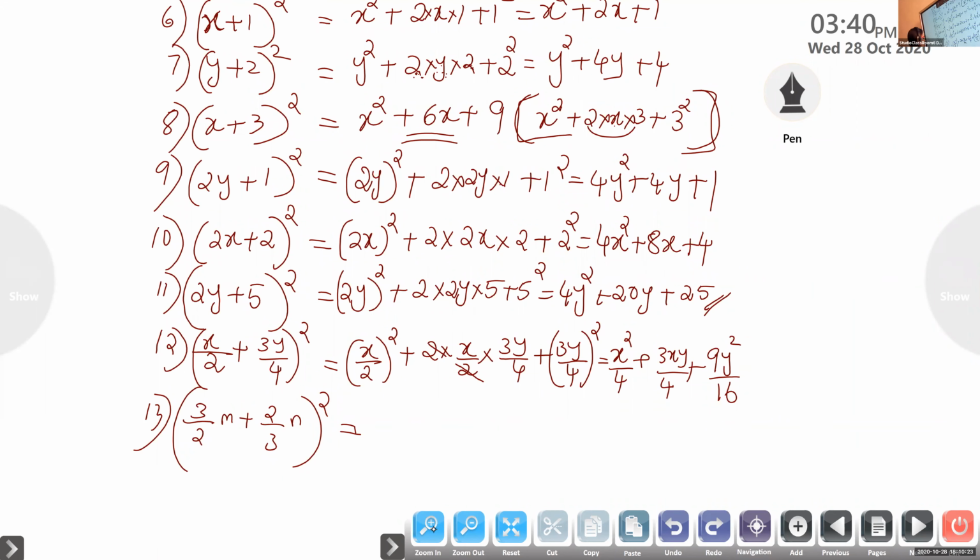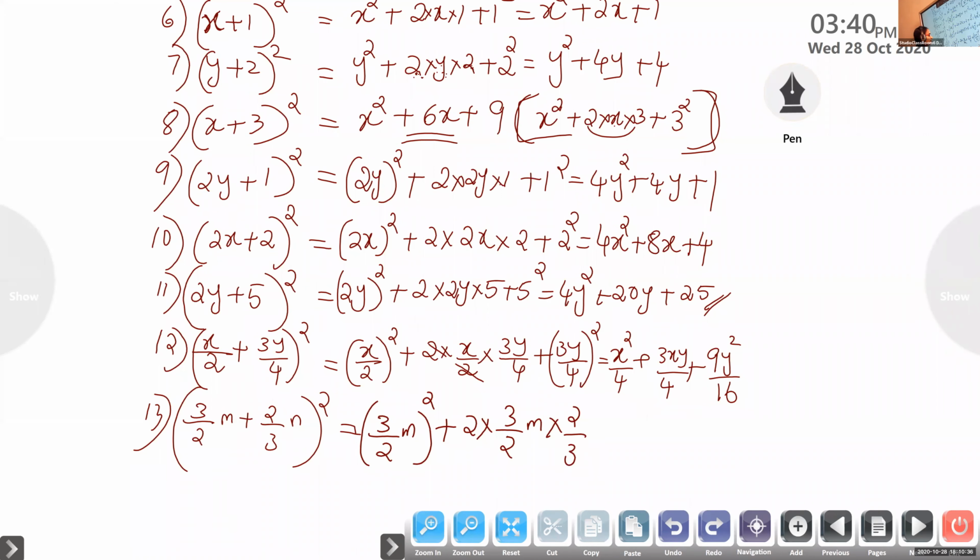13th one is 3 by 2 m the whole square plus 2 into 3 by 2 m into 2 by 3n plus 2 by 3n the whole square.